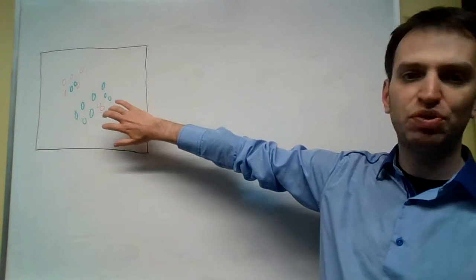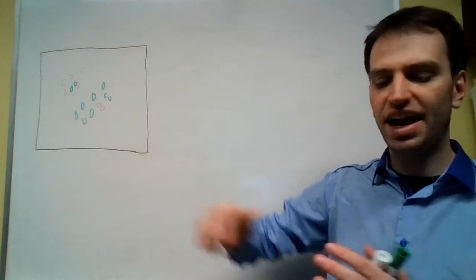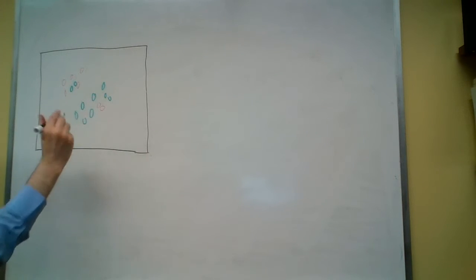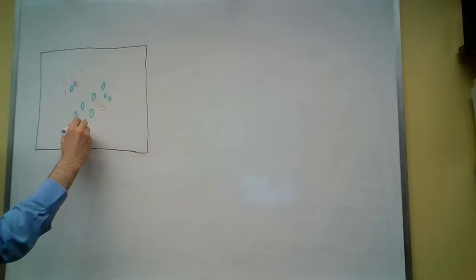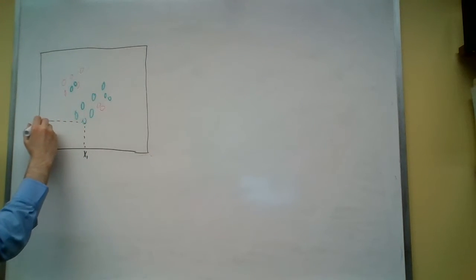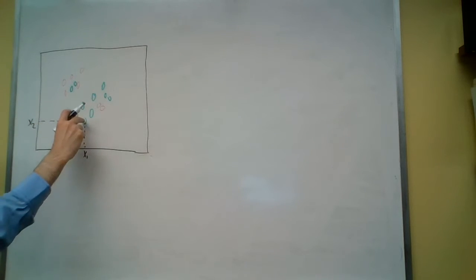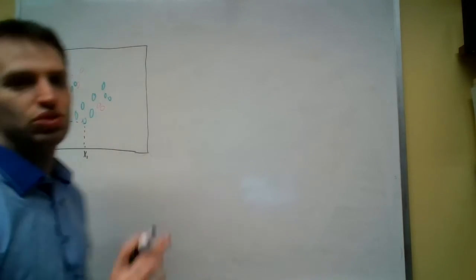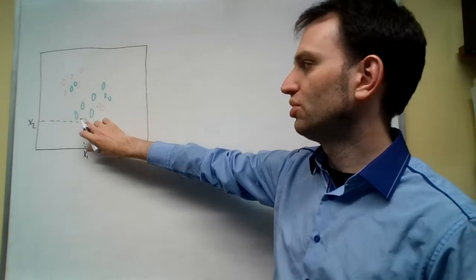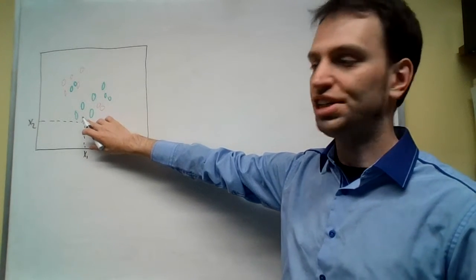Well, imagine that you have a data set that's like that. What does that mean? Well, it means that this point, for example, has coordinates x1 and x2. So this point is x1, x2, and the label associated with this point is green.